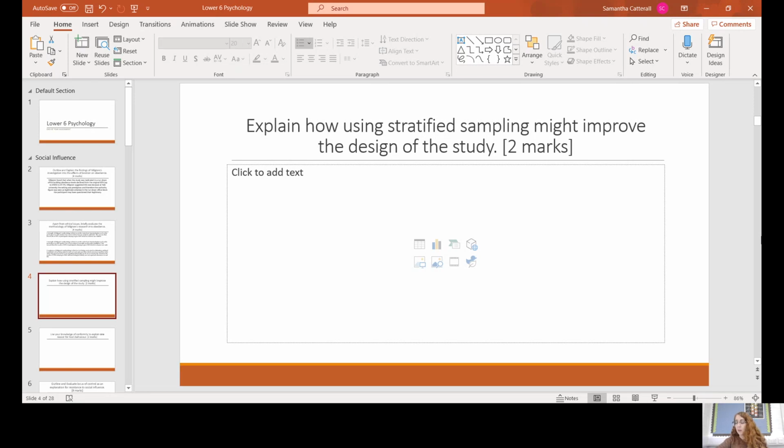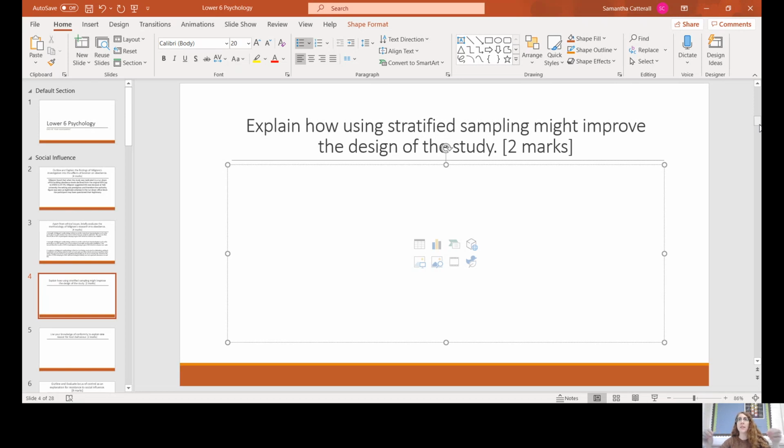So the first point that you need to make is what a stratified sample is and why that is better. A few people were mentioning a small scale reproduction of the target population, which is fine, it is.